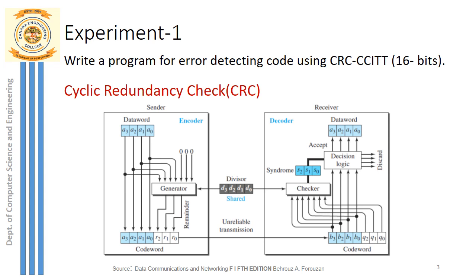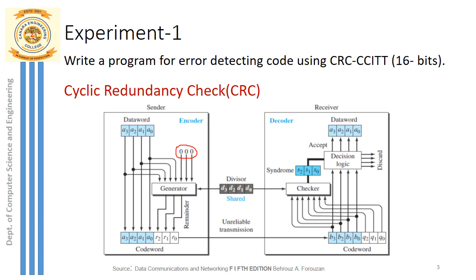In the encoder, we consider a data word with 4 bits A0, A1, A2, A3, which will be fed into a generator along with an augmenting word. 3 bits of zeros will be added. So this 3 is nothing but 1 less than the number of bits in the divisor.